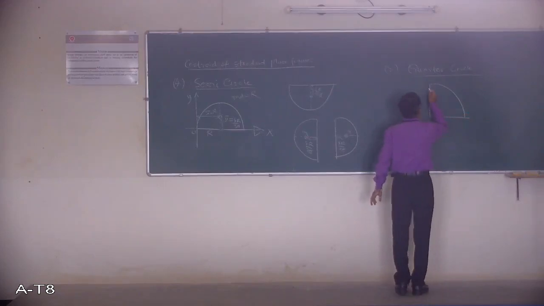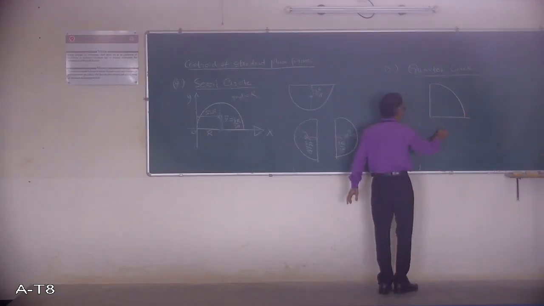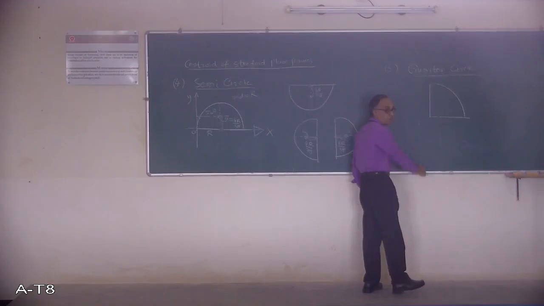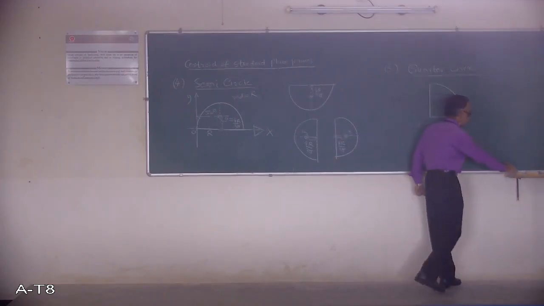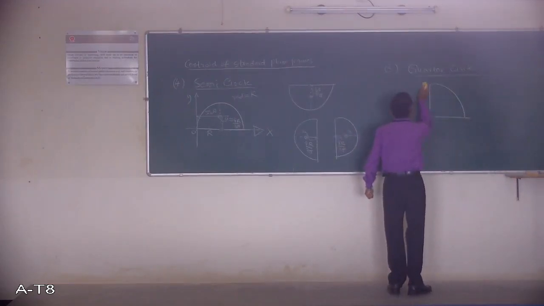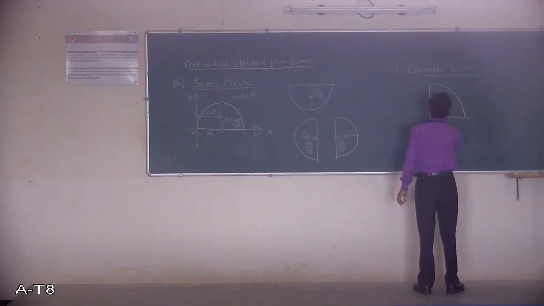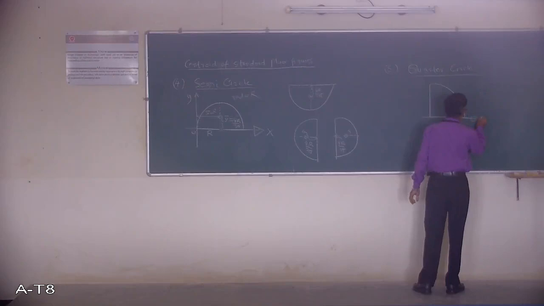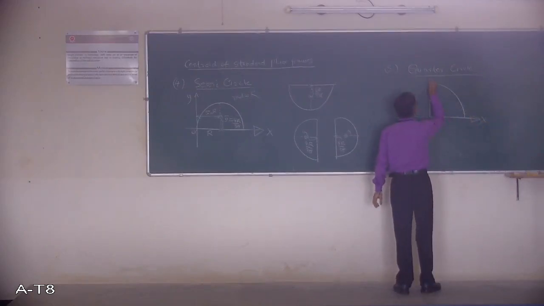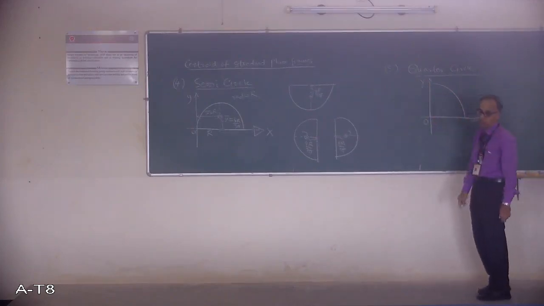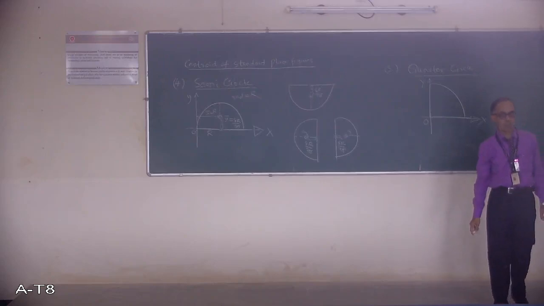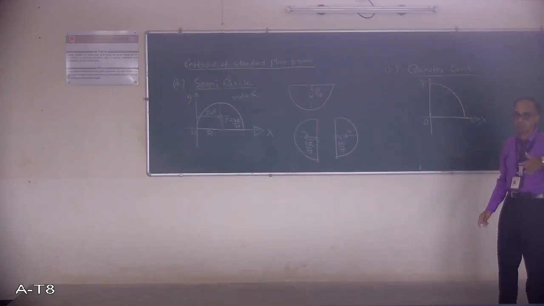This is a quarter circle. If you complete it, the circle will be like this, but I am drawing only 1/4. That is a quarter circle, 1/4 of a circle. Then I will write the x-axis and the y-axis. This is the origin point. We always express the centroid with respect to the x and y axes, because that is the way we do this.